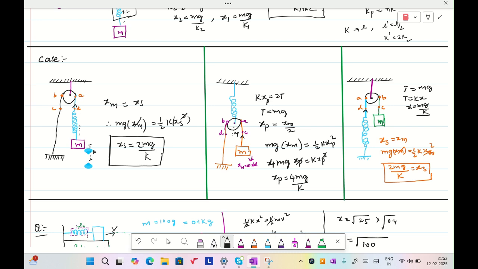Since displacement of the spring as well as displacement of the block is the same, mg into x max equals half kx square. Then we will get maximum extension equal to 2mg by k.